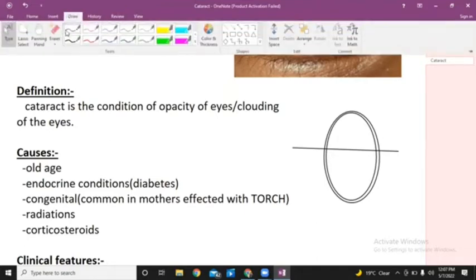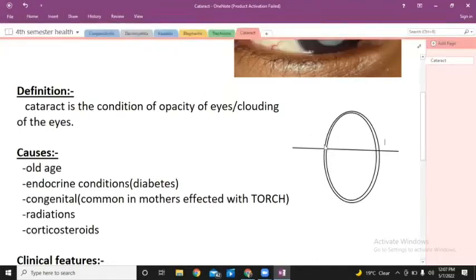composed of two kinds of cells. It is composed of epithelial cells, and this lens cover is also made up of modified epithelial cells. Now you can understand that whenever I disturb or injure these epithelial cells, they will be disturbed, and their natural transparency will be disturbed, which will ultimately affect my vision.